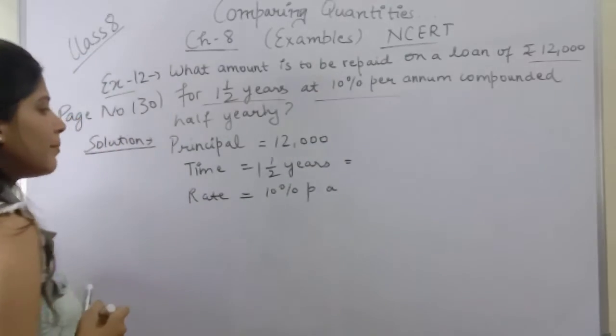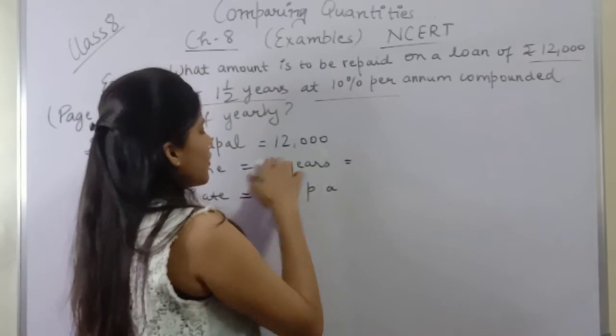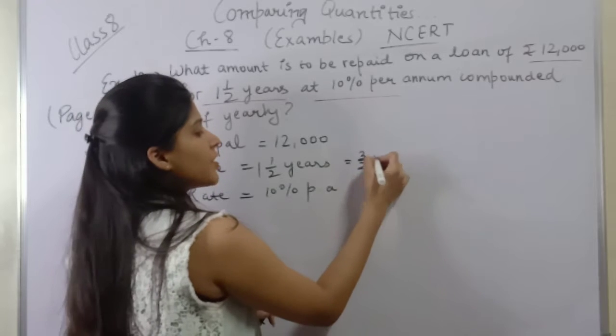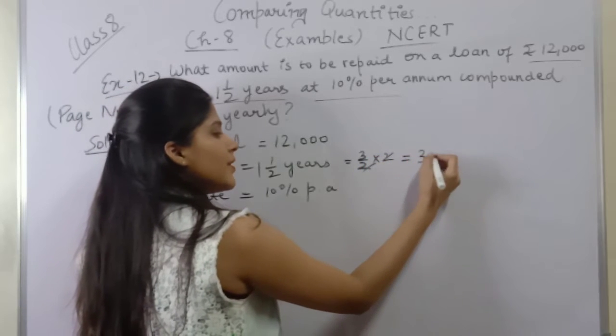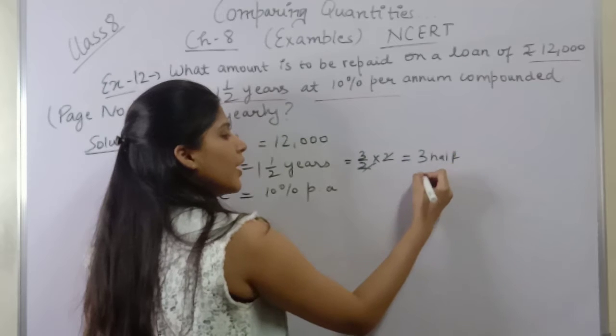Now we know that time will be doubled. So time is 2 1s are 2 plus 1 is 3 upon 2 years. So we will multiply by 2. So this will give us 3 half years.